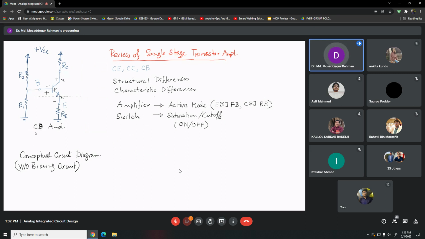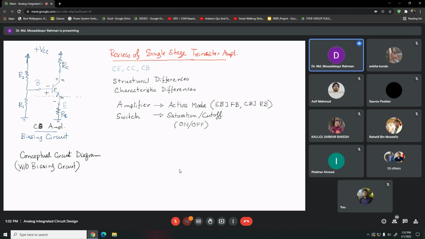So there are different ways to bias the transistor amplifier, but this is the one that is most popular. This is the biasing circuit. The supply voltage VCC is applied to this transistor through the network of resistors R1, R2, RC.